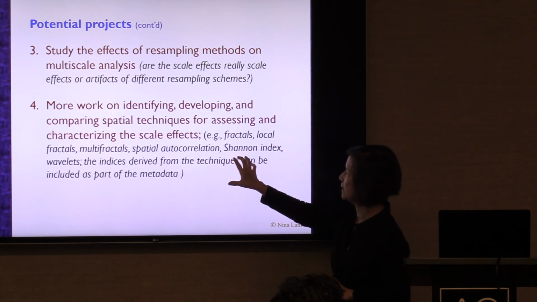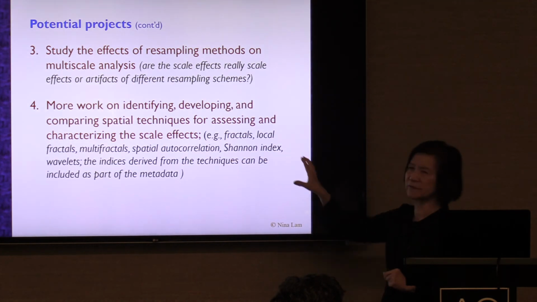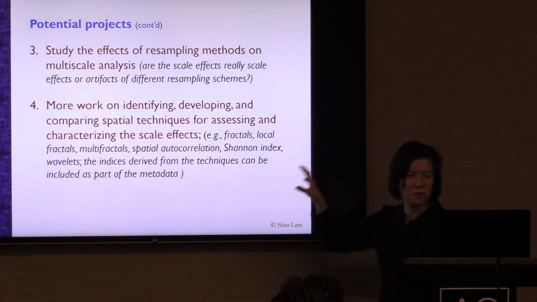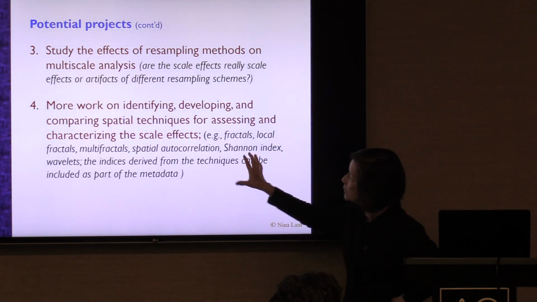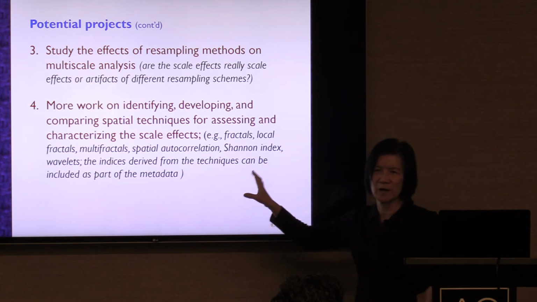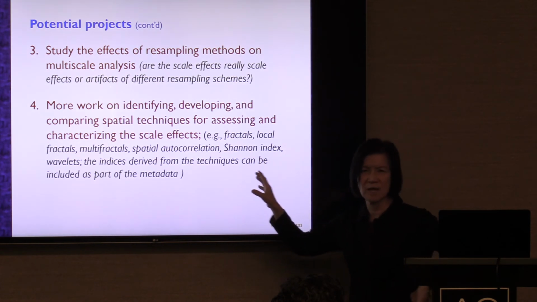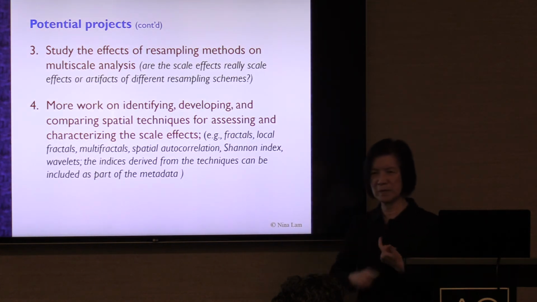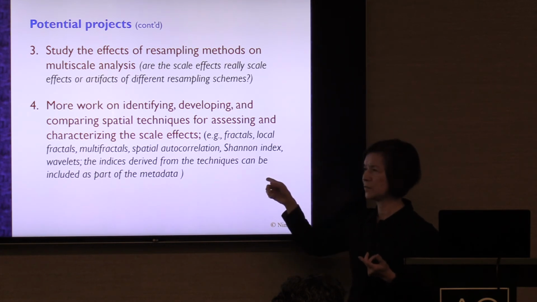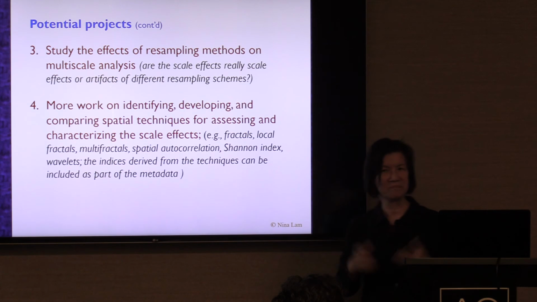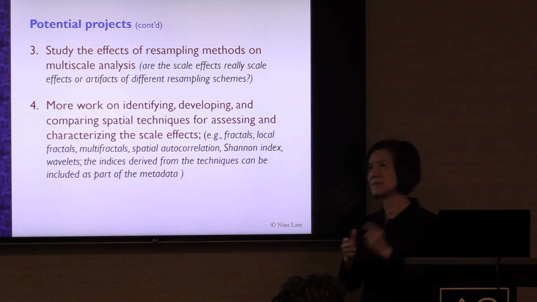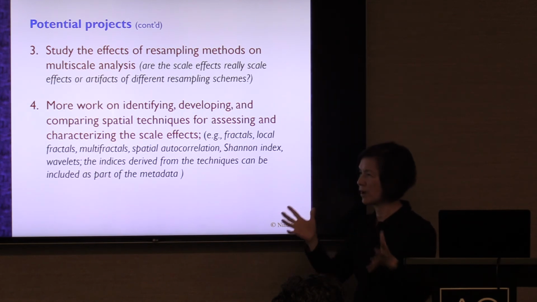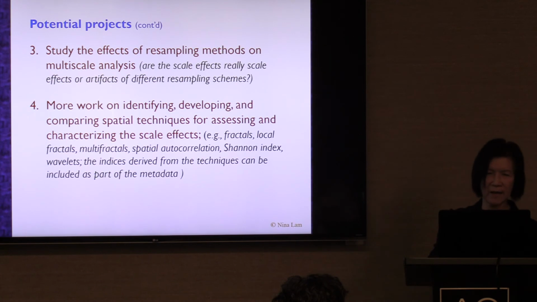The subtitle here is that if you have some sort of technique that can be used to identify the scale effect, could we include that as part of your metadata? In other words, your metadata can be a minimum, maximum value, mean, standard deviation, variance. Do we have a scale effect or scale variability to be included?